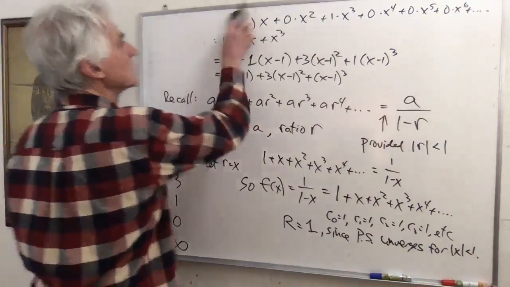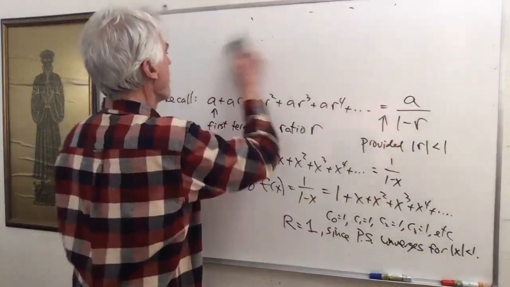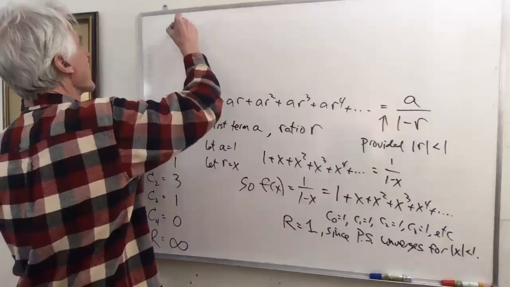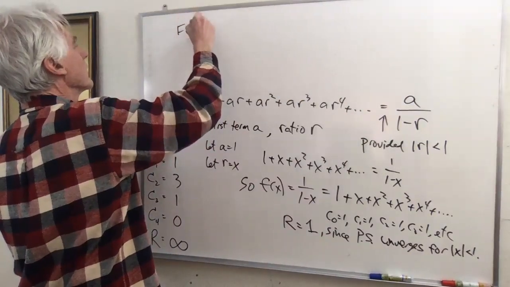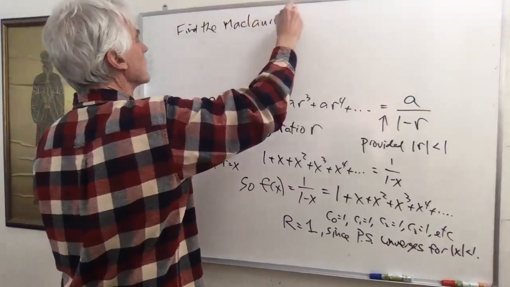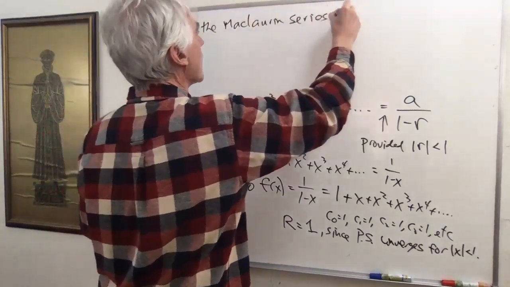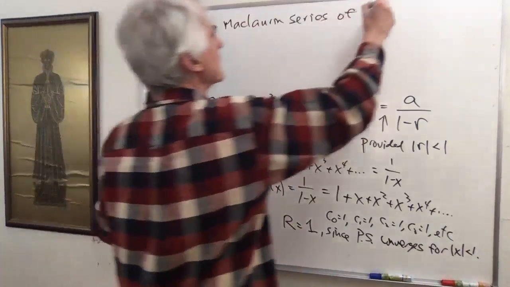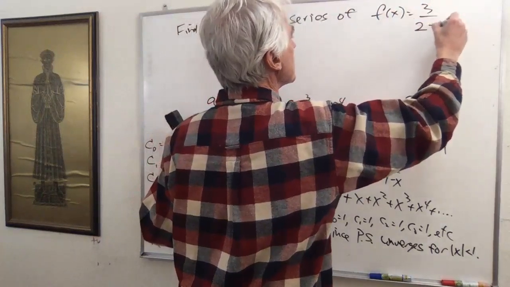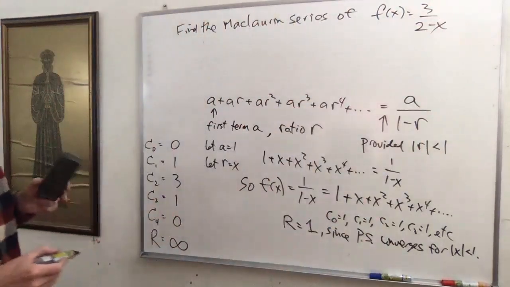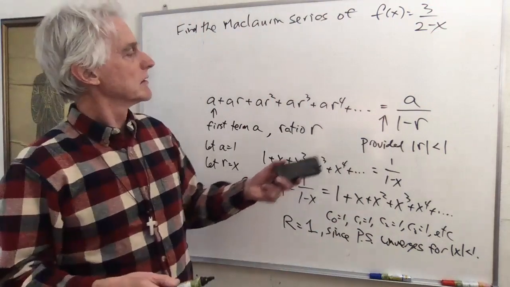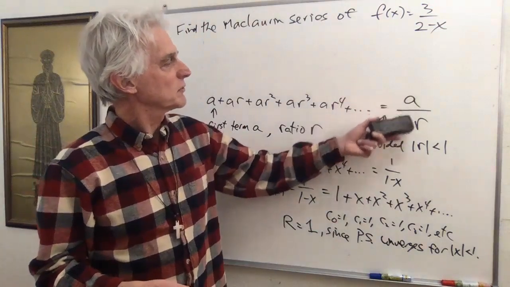So let's use that to do something like one of your problems. Suppose I have, find the Maclaurin series of f of x is 3 over 2 minus x. Okay, well, A equals 3 kind of works there.